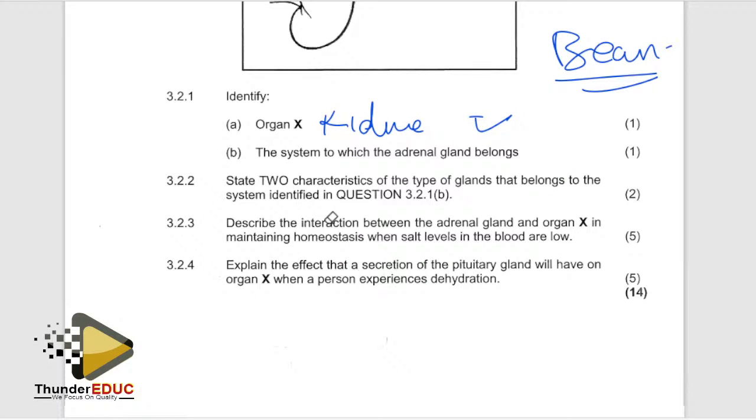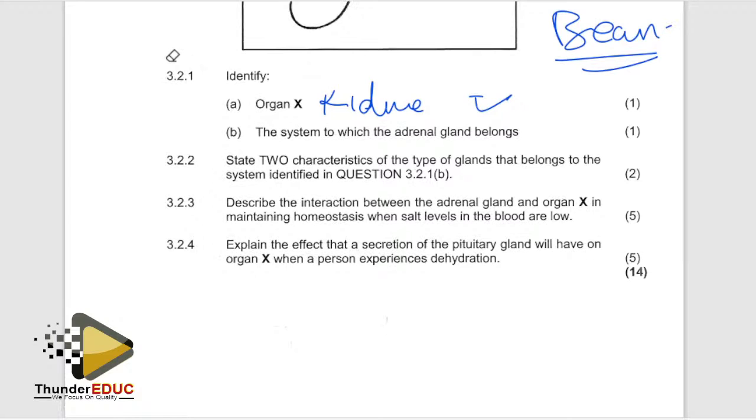State 2. Name 2 characteristics of the type of gland that belongs to this system, the endocrine gland. First of all, it is ductless. You can talk about something else. A ductless gland.